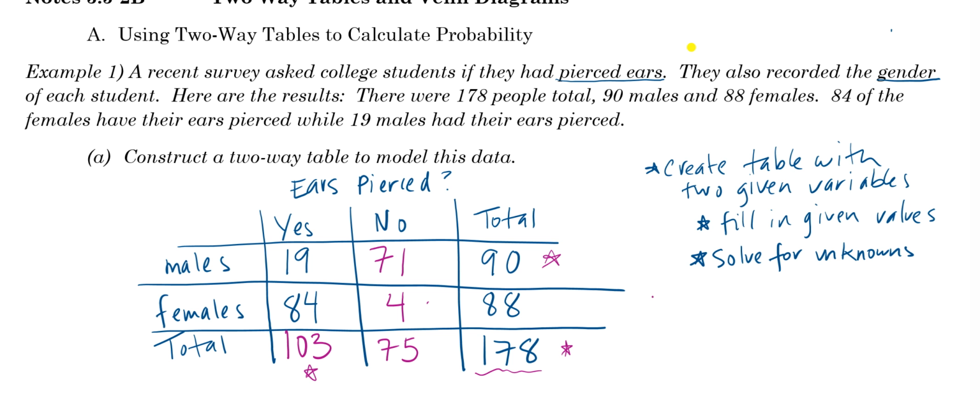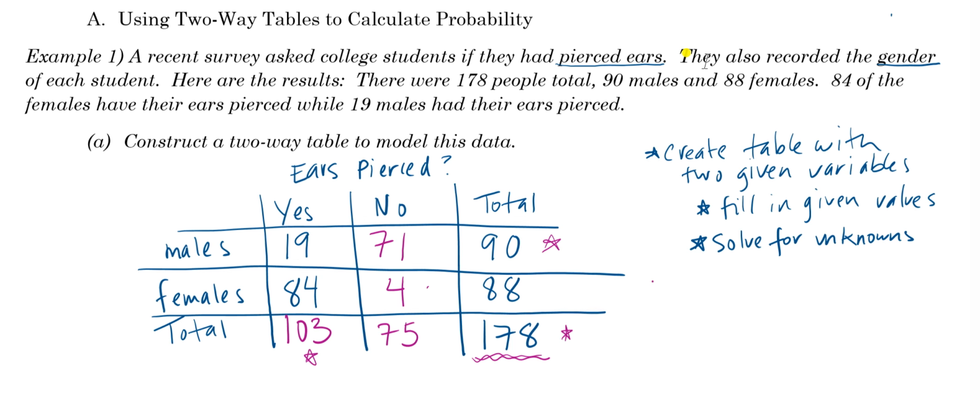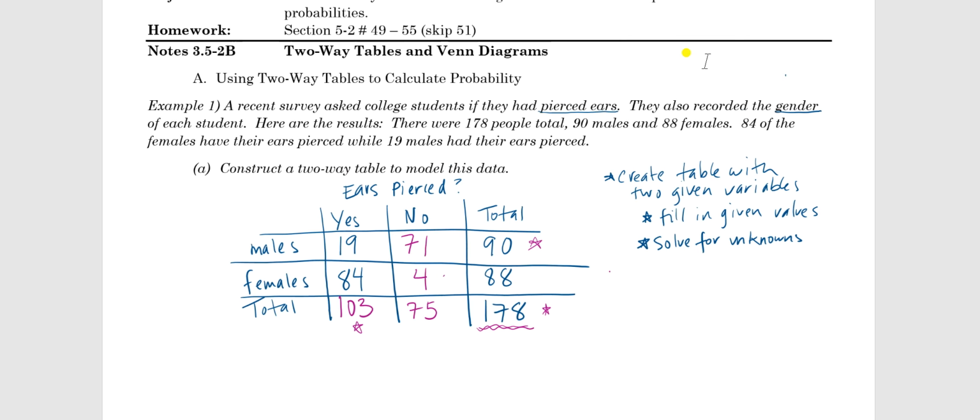So the way this works with a two-way table is think of it like you have your total number of people. They select one person from the group at random, and they're going to say, what's the probability that this person is, and then the various things from your table. So what's the probability their ears are not pierced? What's the probability they're female? That kind of thing. So using our two-way table, let's try to see if we can answer some of these questions.